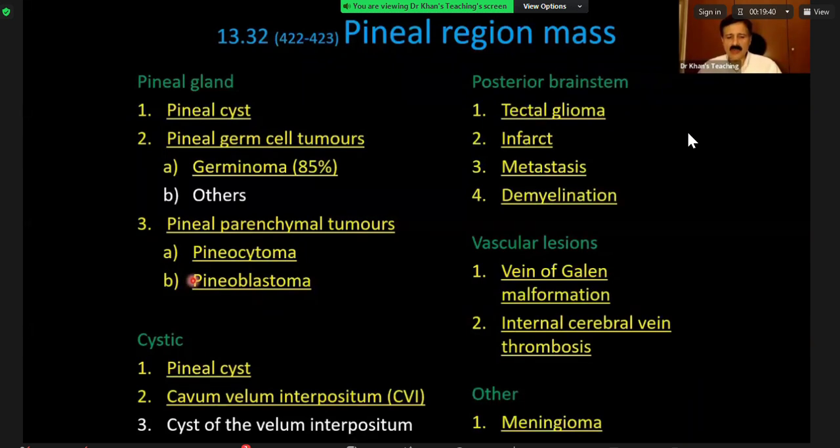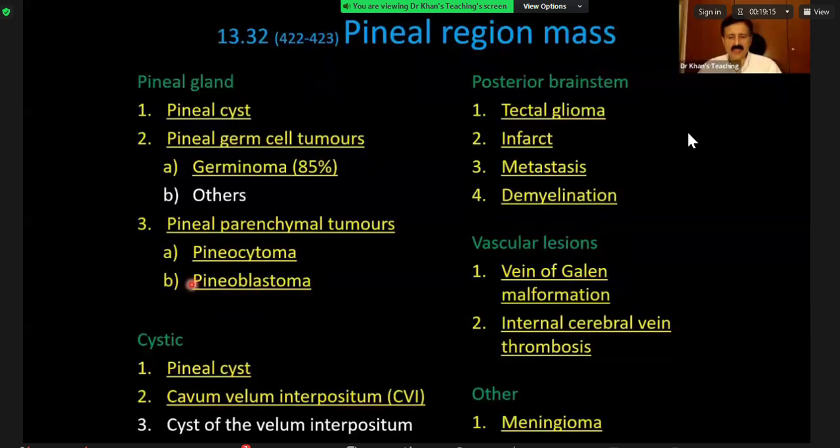Another point to remember is calcification. Please remember the concept of calcification of pineal gland. Normally, a pineal gland will show calcification. So the point is that if the lesion is arising from the pineal gland, the calcification will be pushed to the periphery.